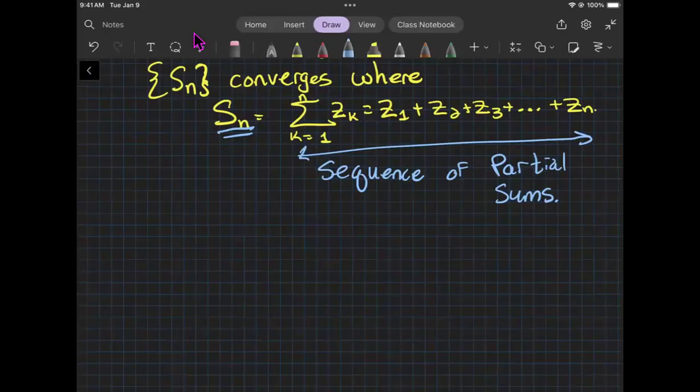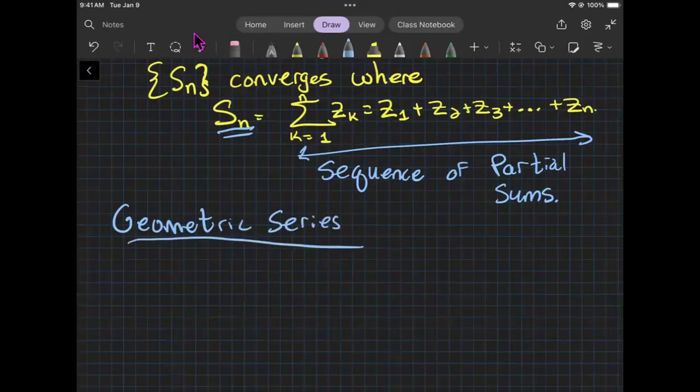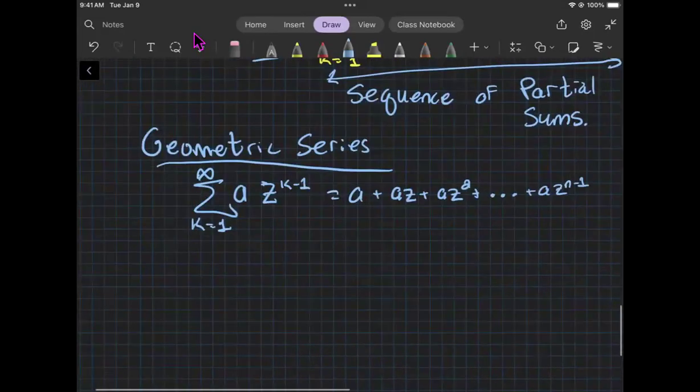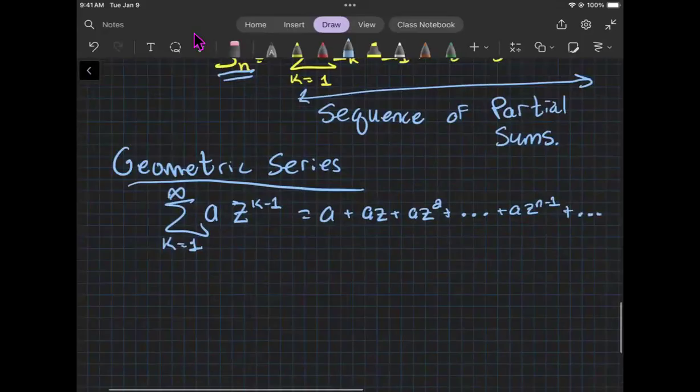Okay. So the first series I want to look at is what's called a geometric series. This is one of the first types of series you have worked with in calculus, right? So a geometric series may look something like this, and this equals a plus az squared plus all the way down to az^(n-1), and this keeps going, right?